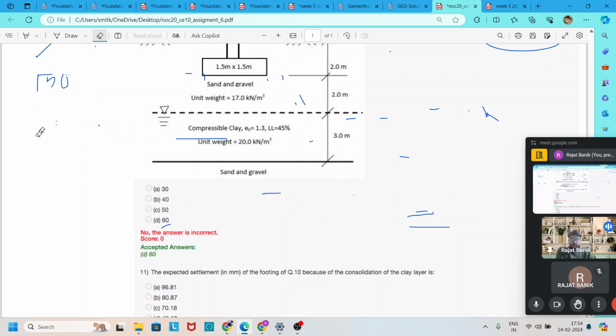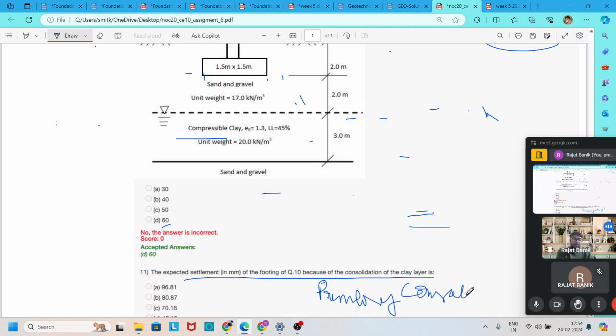Now move on to question number 11. We are also running short on time. In question number 11, it is said to find the expected settlement of the footing because of consolidation of the clay layer. So indirectly, we need to find the primary consolidation settlement of the clay layer.